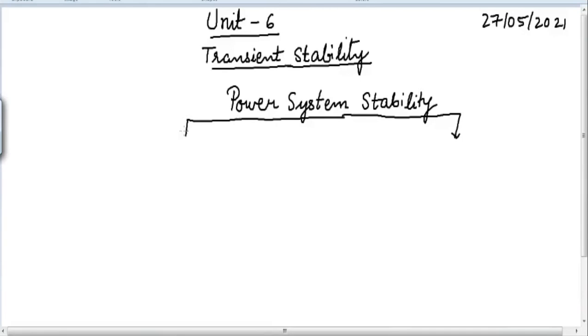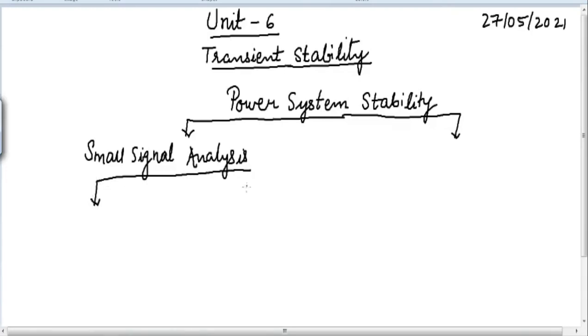What are the two parts? The first part is small signal analysis. In small signal analysis, we deal with two types of stability, that is steady state stability and the second one, dynamic stability.